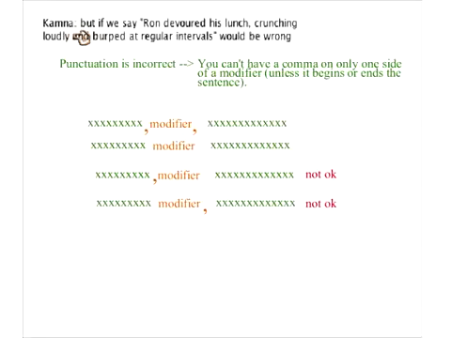If you put a comma here, it would make sense if you didn't think that the burping was connected to eating lunch. I mean, that would still be weird. It still doesn't seem to be very logical because the clear intention here, at least to me, is that those two things were going on during lunch.